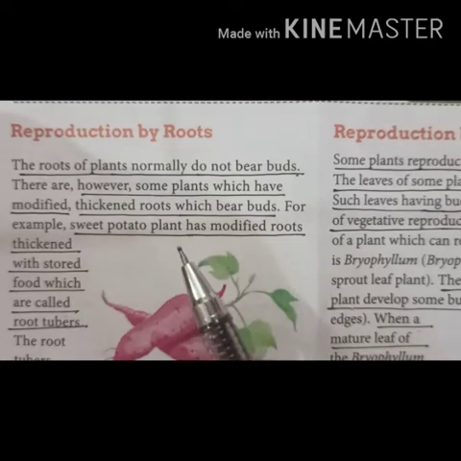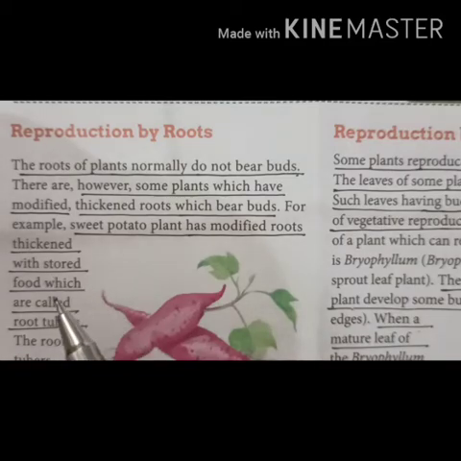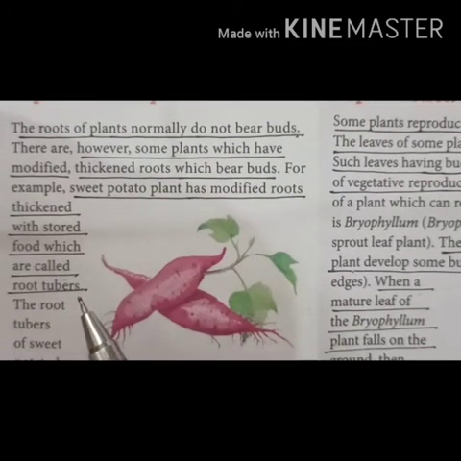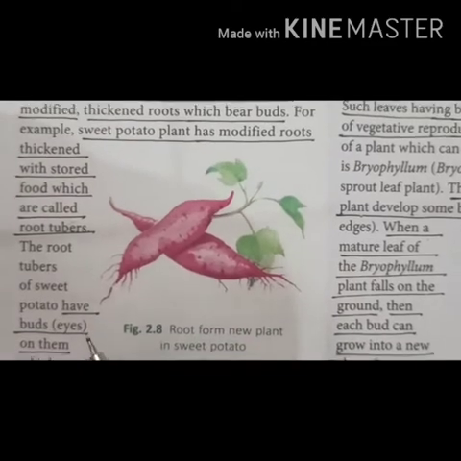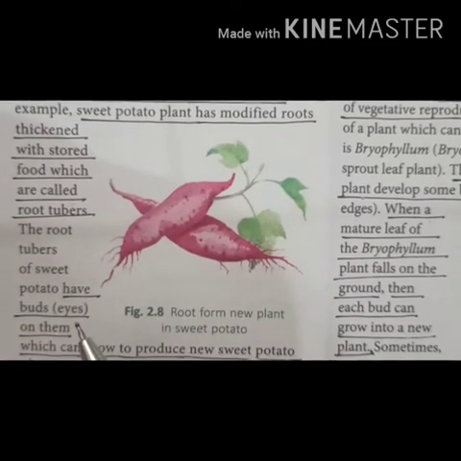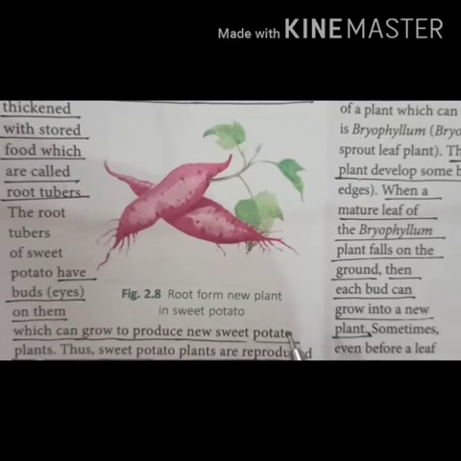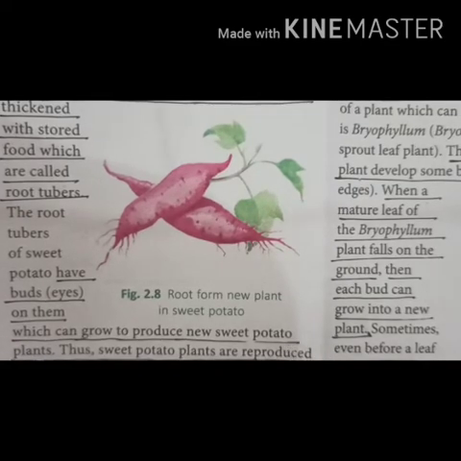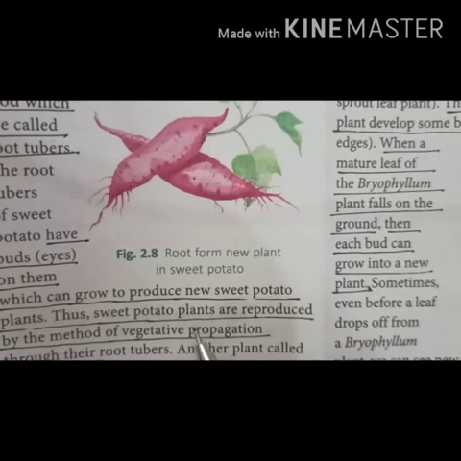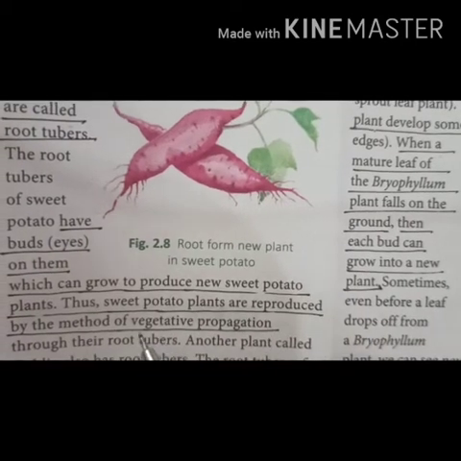The sweet potato plant has modified roots thickened with stored food, which are called root tubers. These root tubers have buds or eyes on them, which can grow to produce a new sweet potato, right? Thus, we can say that sweet potato plants are reproduced by the method of vegetative propagation.